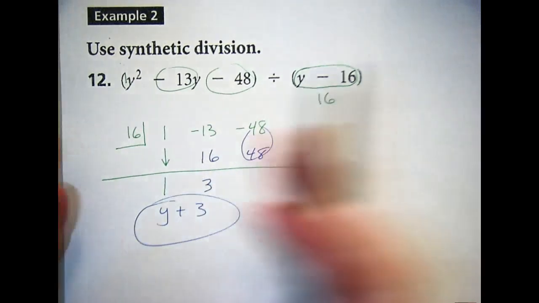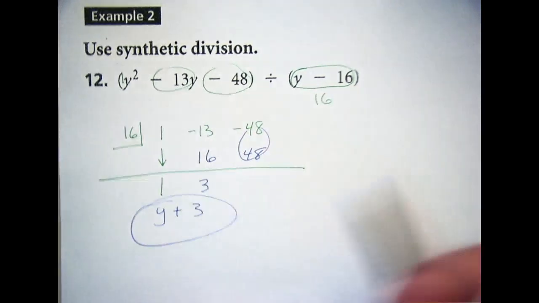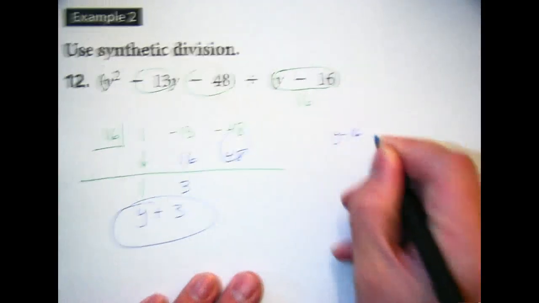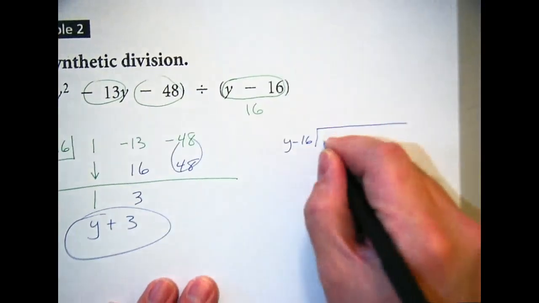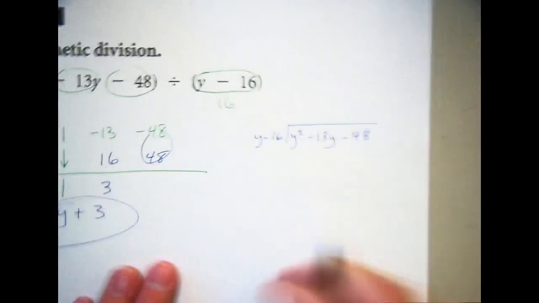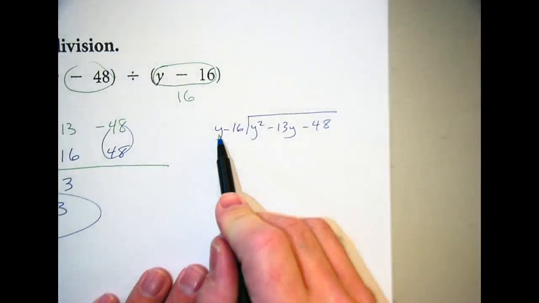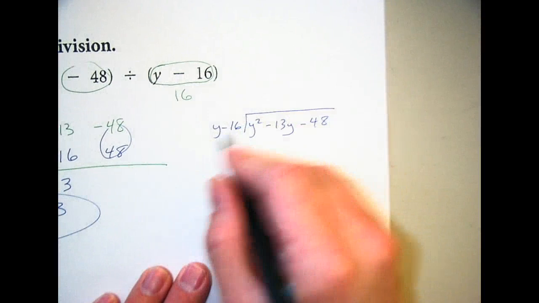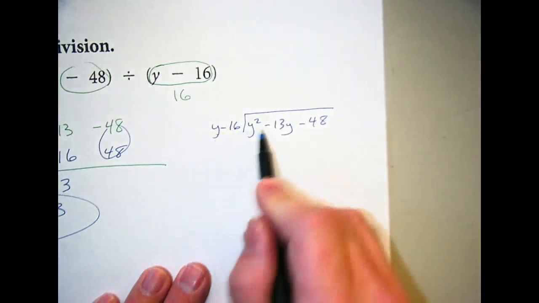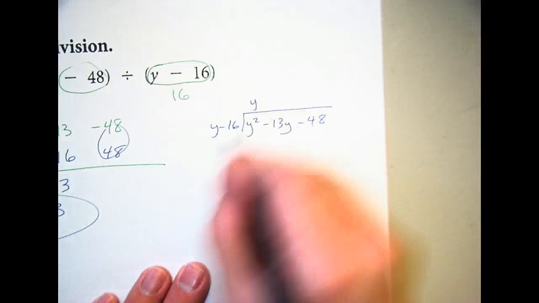Now, if we actually matched it up with polynomial long division, if we're dividing by a linear, this y times that is going to be a y there.